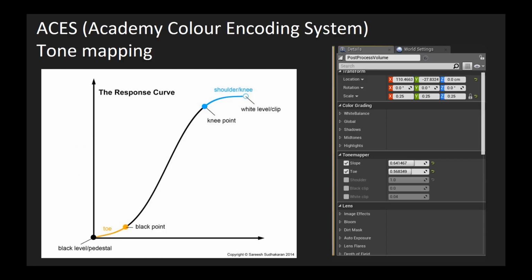So they came up with this, and it's already been a couple of years old, and from what I understand, it's been in Unreal Engine for a couple of years, but under the hood, and it's been enabled by default since version 4.15.